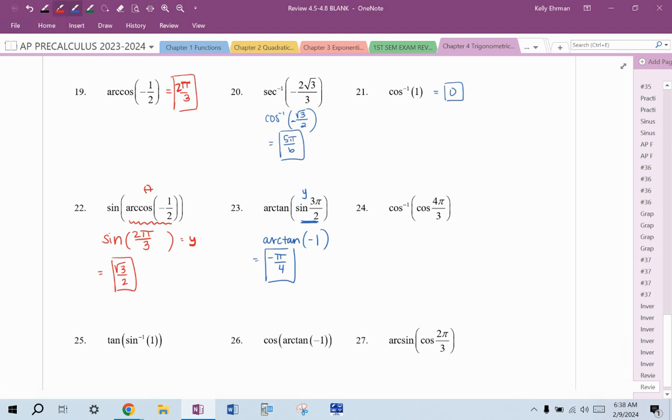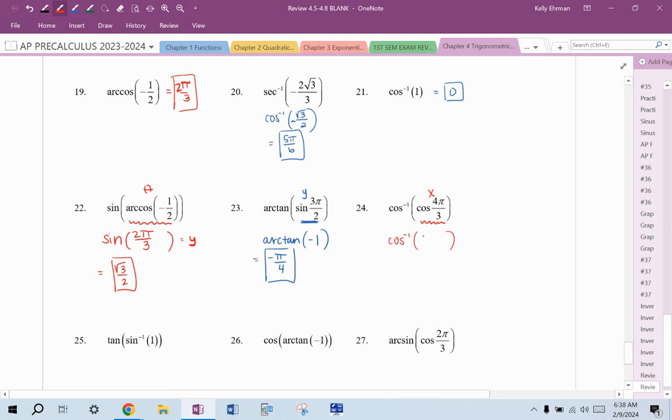It seems like inverse cosine and cosine ought to be able to cancel out, and usually they can, except 4 pi over 3 is not in the domain of arc cosine. So it's best on these composition problems to just still work on the inside and then the outside, even if they match up. So inverse cosine of, what is the x coordinate at 4 pi over 3?